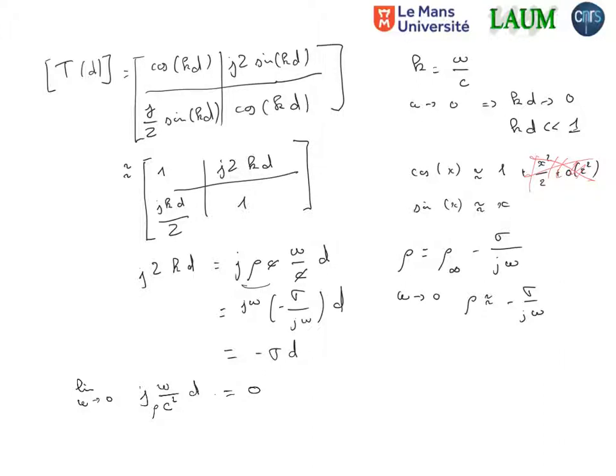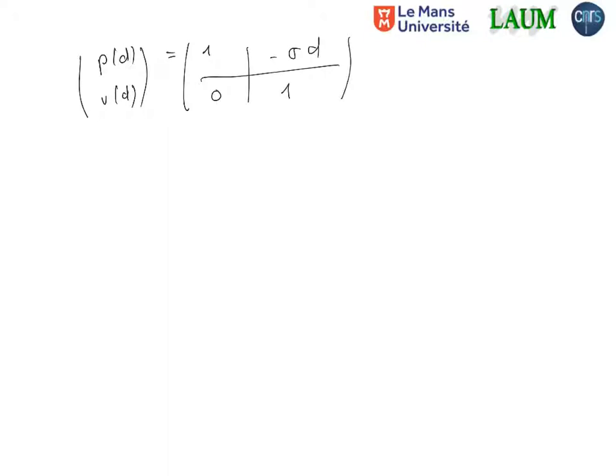So in fact, when we replace, this coefficient is equal to minus sigma D, and this one is equal to 0. So finally we have that the pressure in D and velocity in D is equal to the matrix 1, minus sigma D, 0, 1 multiplied by P of 0, V of 0.